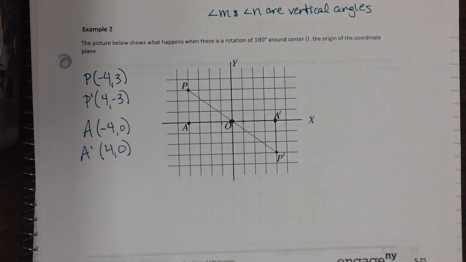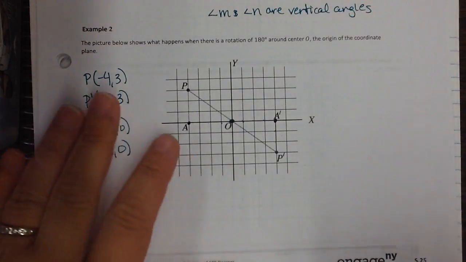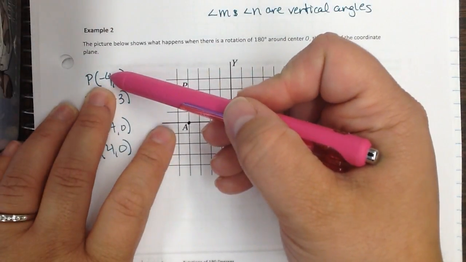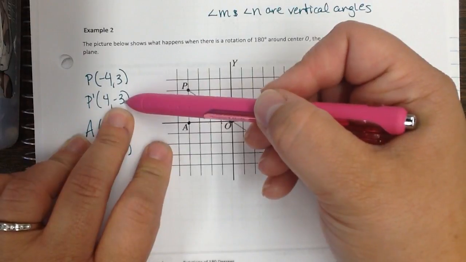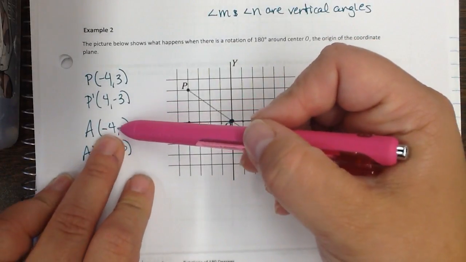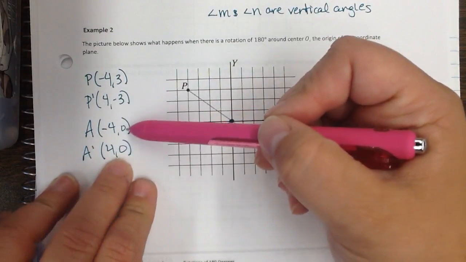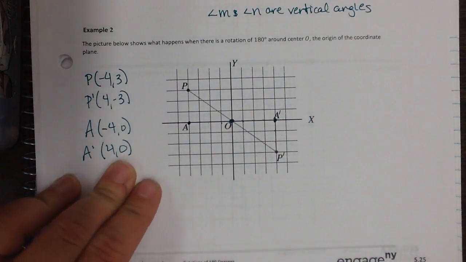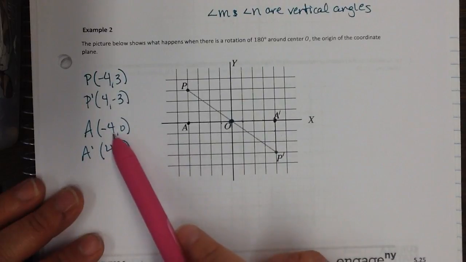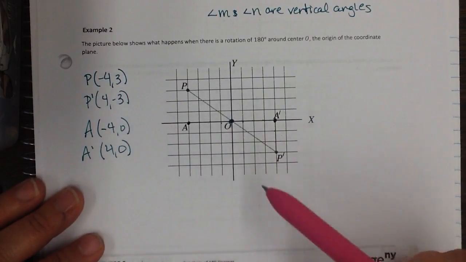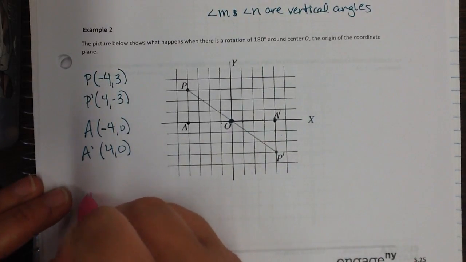So when we look at this, we can see what happens to the coordinates. Negative 4 became positive 4, 3 became negative 3. Negative 4 became positive 4, and nothing happens when it was a 0. So when it's a 180-degree rotation, the signs change from the original coordinate.